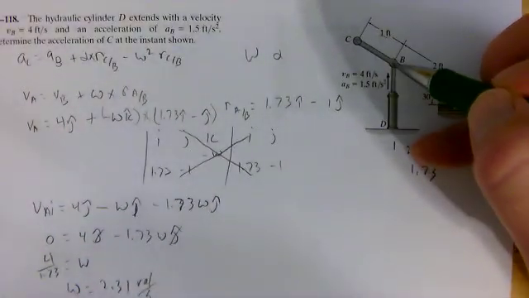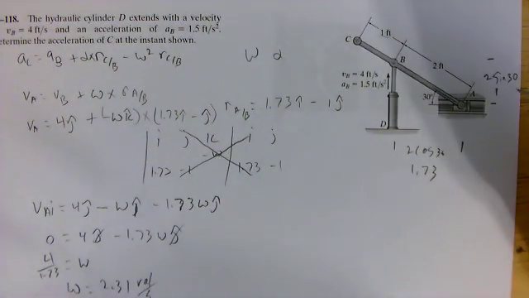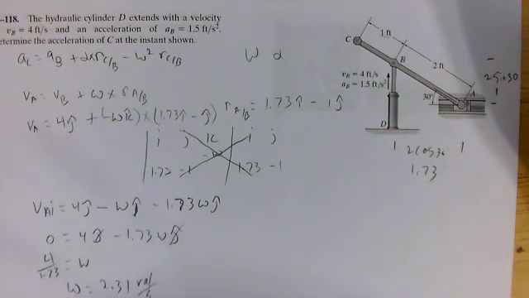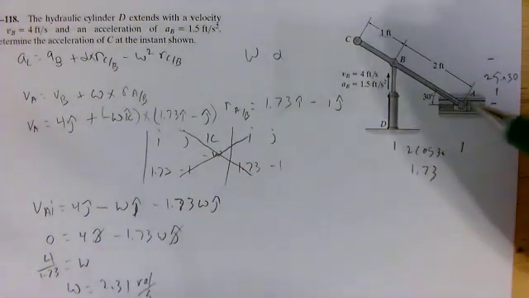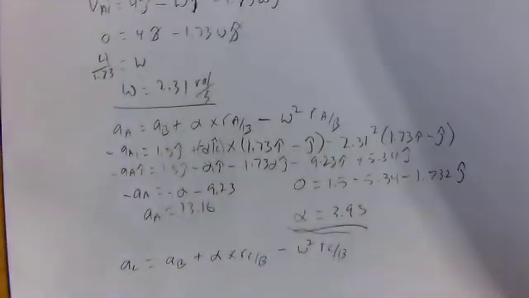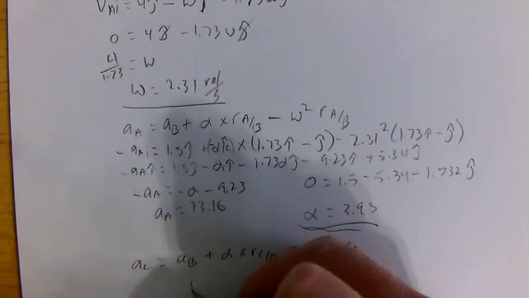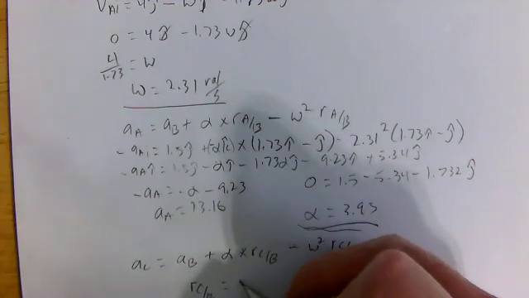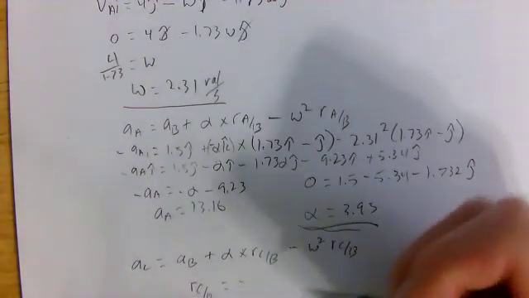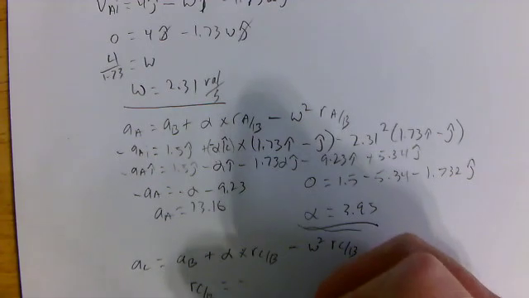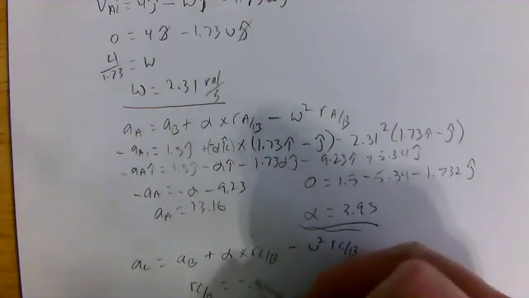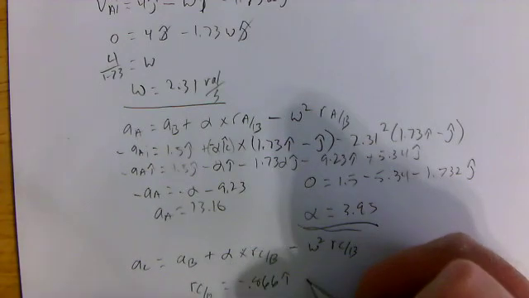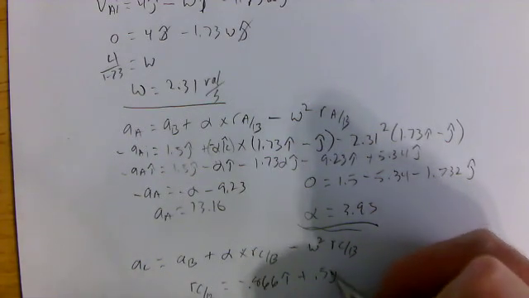RCB goes this direction and is just 1 foot long, so it's half of the X and Y components, because that was 2 and this is 1. RCB is going from B to C, so it's a negative X: negative 0.866 in the I plus 0.5 in the J.